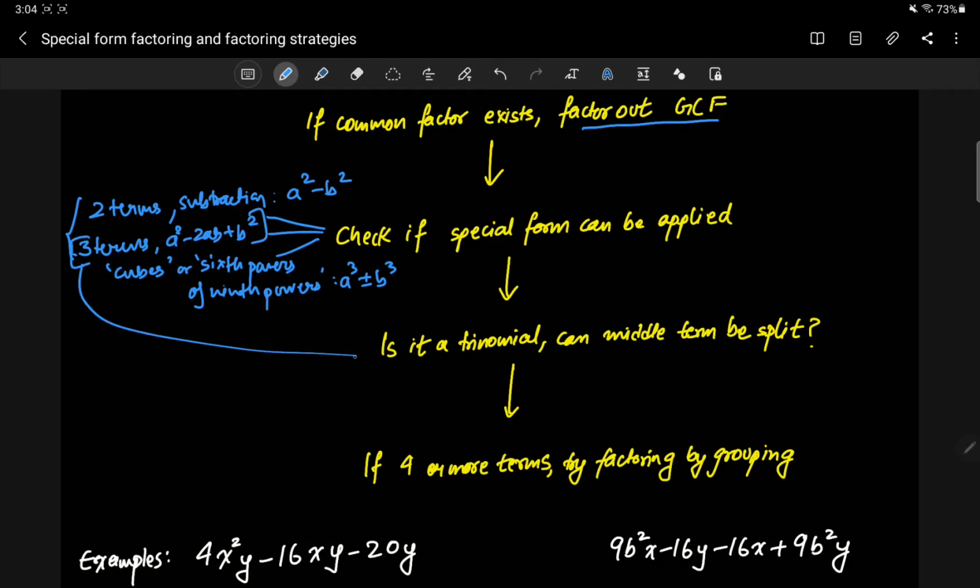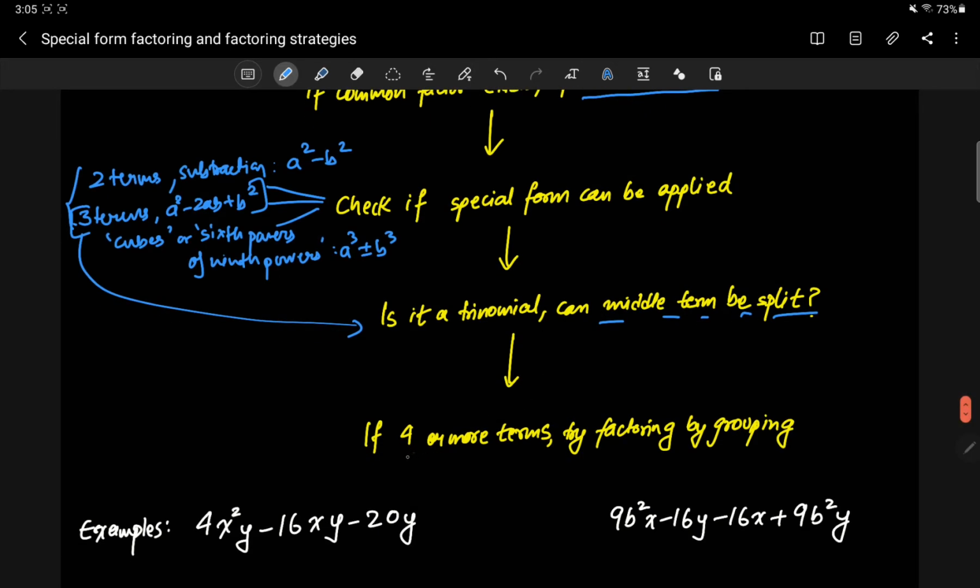Is it a trinomial? If it's a trinomial, then can the middle term be split? Later on, when we learn about the quadratic formula, if you get the answer no here, then we have a different way of factoring. But for now, the trinomials you see will be such that the middle term can be split. And if not, if you have four or more terms, then you try factoring by grouping.